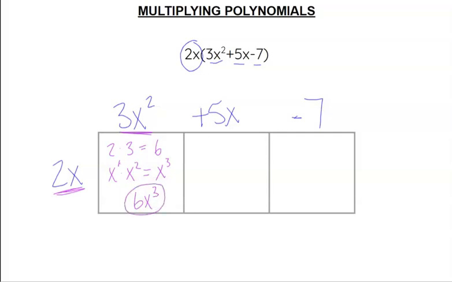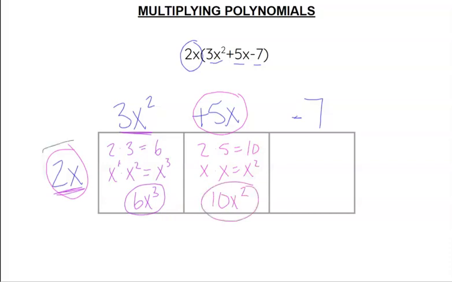Moving on to the second box, we're going to do 2x times 5x. So we've got 2 times 5, which is 10. And then x times x, which is x to the second power. So we have 10x squared.